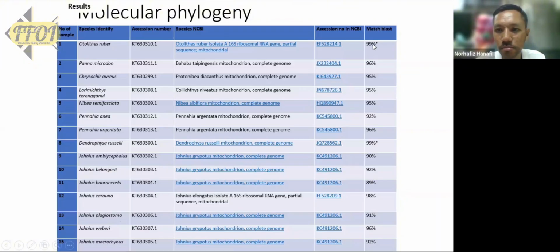Actually 99% is the ideal identification. That means your sequence and the database are correct, so Autolycus ruber is Autolycus ruber. But you can see with Panamicrodon, when you identify it as Panamicrodon, it matches Bahaba taipingensis. When you have Chrysochir aureus, it goes to Protonibea diacanthus. You see that below 97 or 98%, the identification is totally wrong.